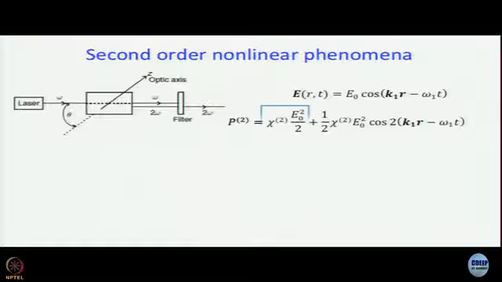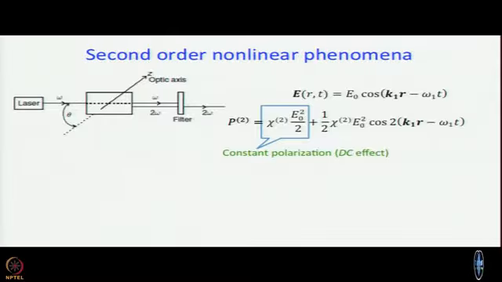So, look at the first term. The first term is a constant polarization, is it not? There is nothing in t there. It is just second order nonlinear susceptibility multiplied by E0 square by 2. E0 is a constant of time, constant of space, constant of everything, right. So, this is called constant polarization or DC effect. This part is used to measure the power.